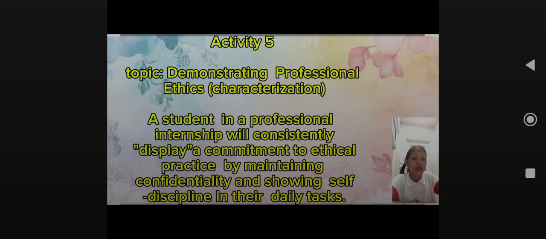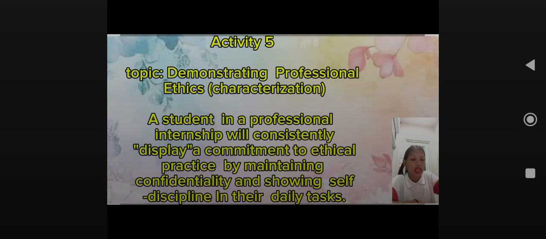So, at the characterization level, values are integrated into a person's character and consistently control their behavior, becoming a characteristic lifestyle. The intern's consistent actions demonstrate that professional ethics have become an internalized part of their personality.